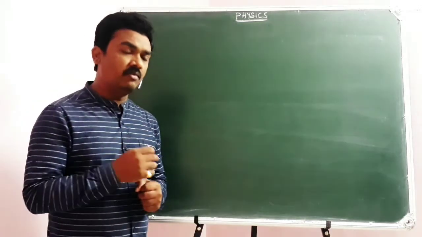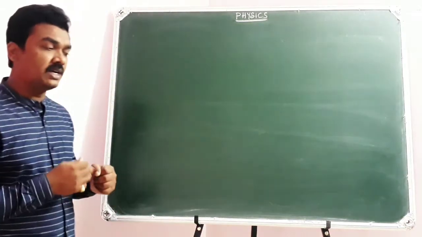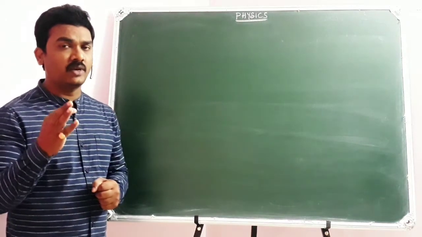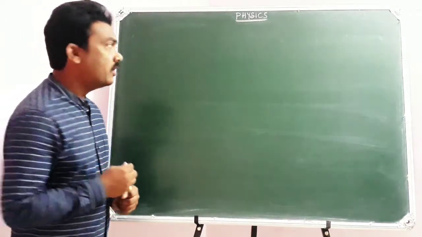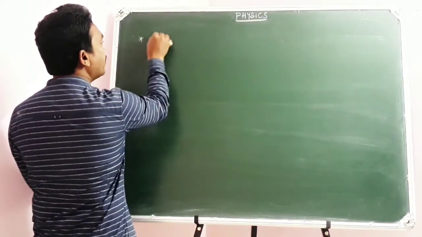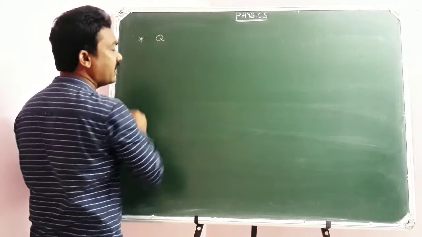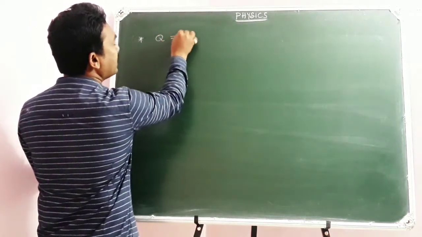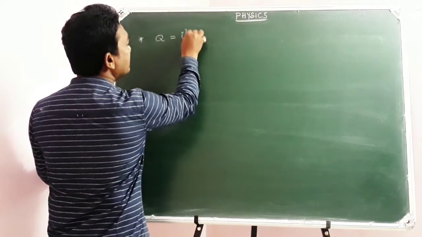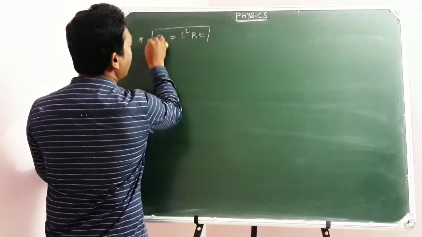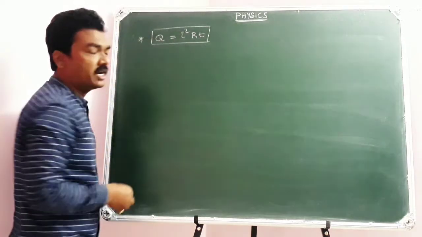And we have even discussed the different electrical appliances that work on the principle of the heating effects of electric current. In the last class, we discussed that the amount of heat energy generated in a current carrying conductor is Q equal to I square RT. Here is the formula for calculating the amount of heat energy generated in a conductor.